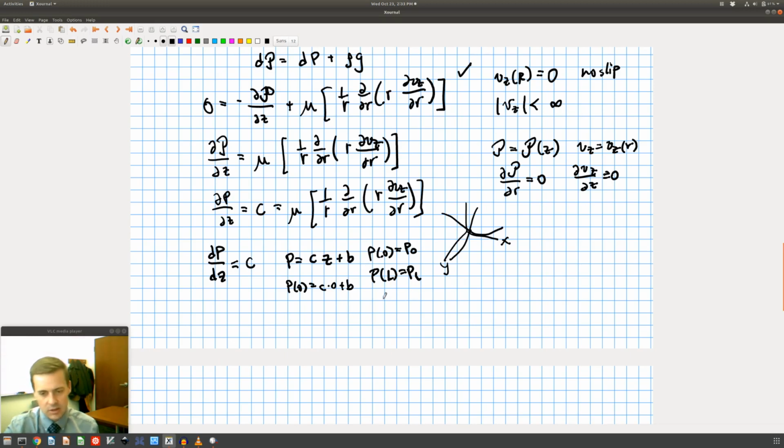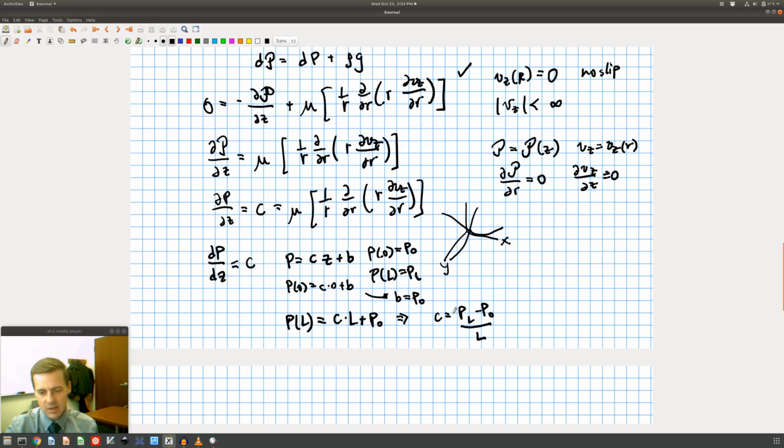That makes lots of sense. Then p at L has to equal c times L plus p0, which is b, and I get that c equals (pL minus p0) divided by L.